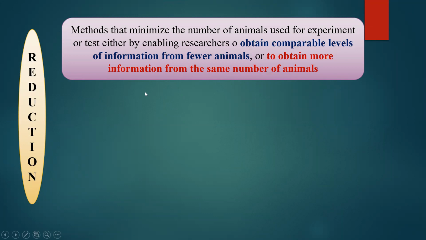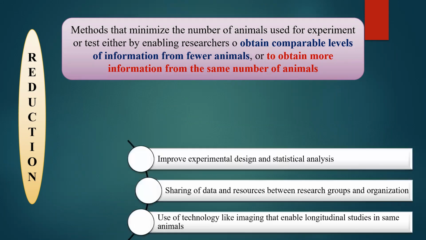If the researcher is getting sufficient data by using a few animals, then try to use that instead of using more animals, or to obtain more information from the same number of animals. By this way you can do the reduction in animals.